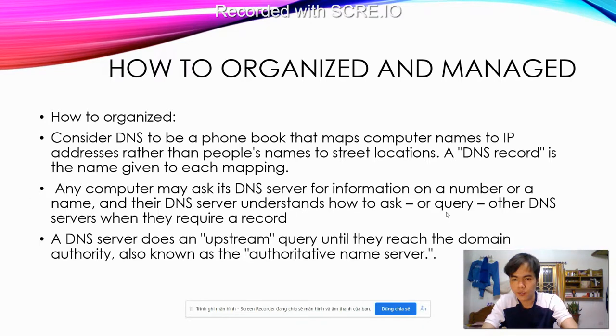A DNS server does an upstream query until they reach the domain authority, also known as the authoritative name server. This is related to the authoritative name server type of DNS, and it just does its work, repeating various times until they reach the suitable result.